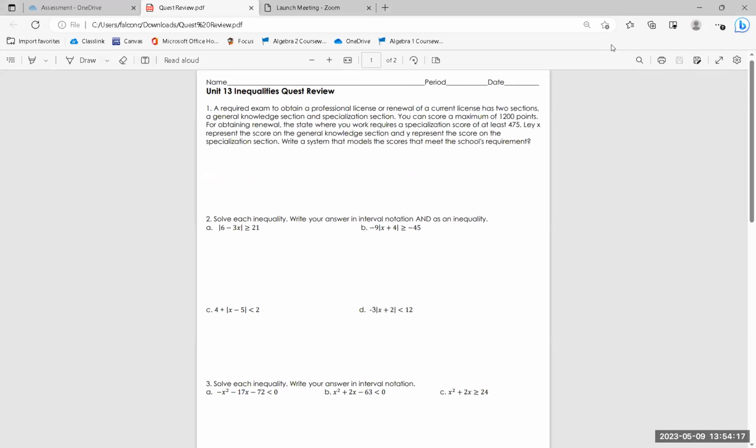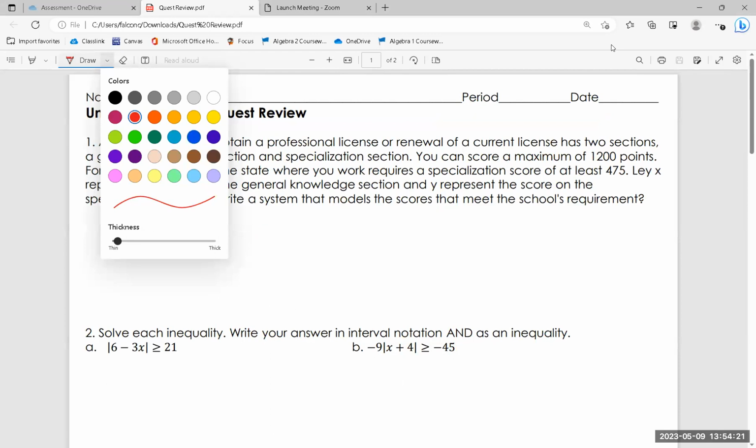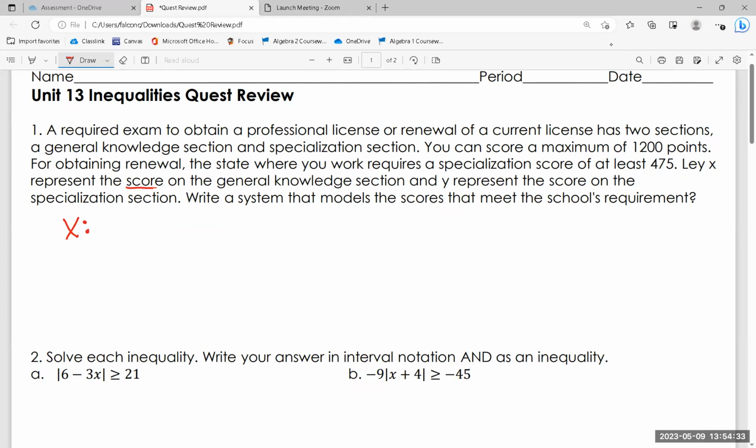Okay, so we want to write a system. They give us their two variables. X is our score on the general knowledge section, so our general knowledge score, you say GK.